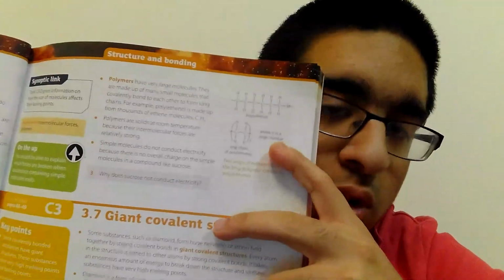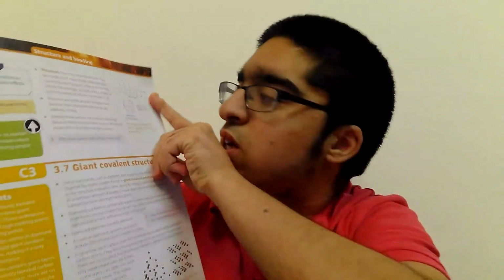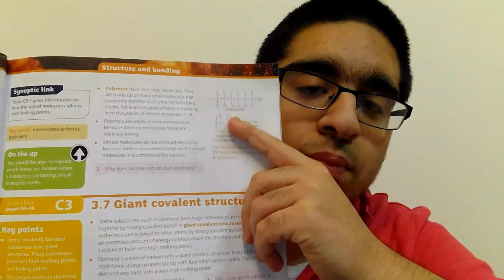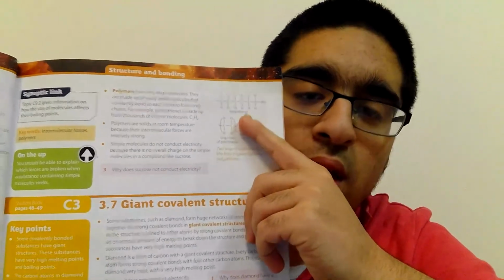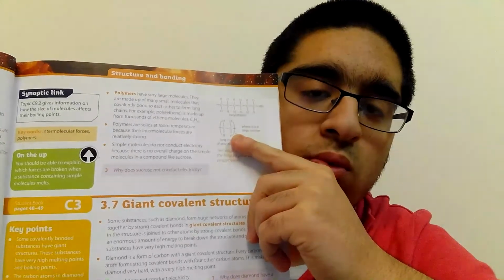Don't worry about this too much now, because we're going to go through polymers later on. But this is your long chain polyethene. You can see poly and then ethene in square brackets, and here it shows the monomer, which is ethene, from which many molecules are made.